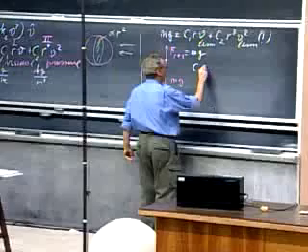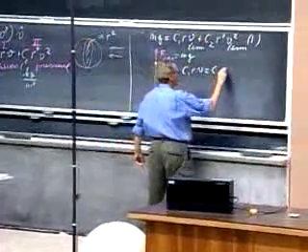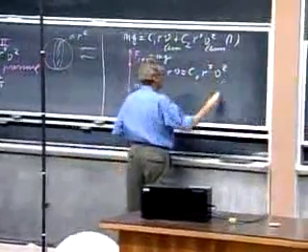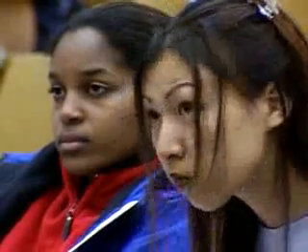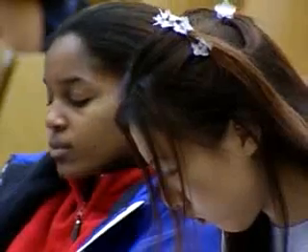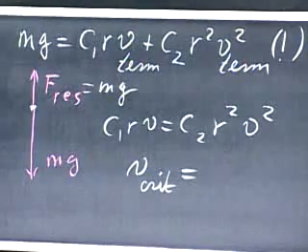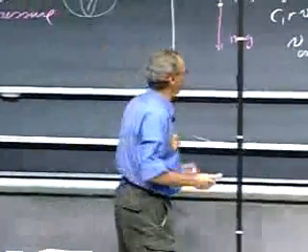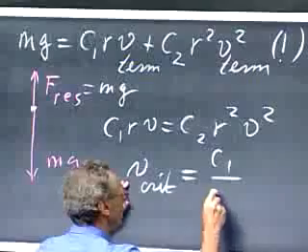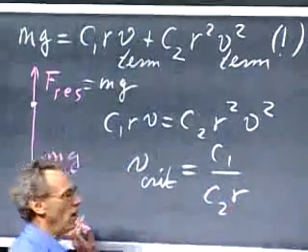So you get C1rv equals C2r squared v squared. And that velocity we call the critical velocity, even though there is nothing critical about it. It's not critical at all. It's simply the speed at which the two terms are equal. That's all it means. And that is, of course, then equals C1 divided by C2 divided by R.